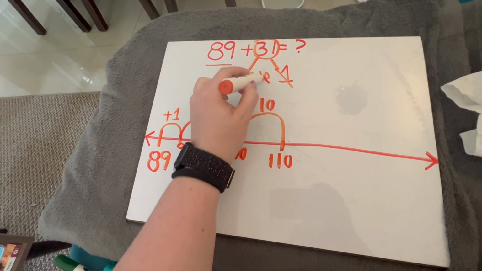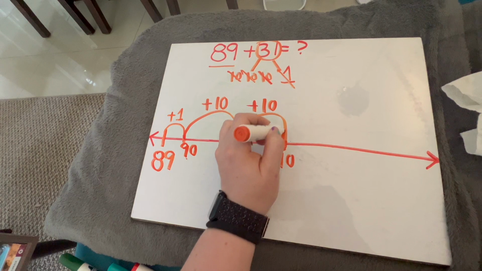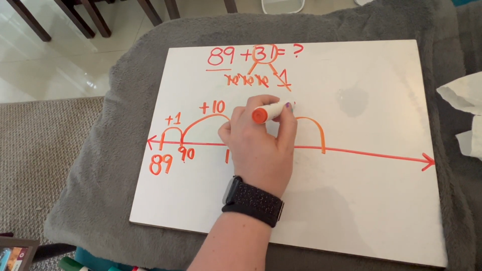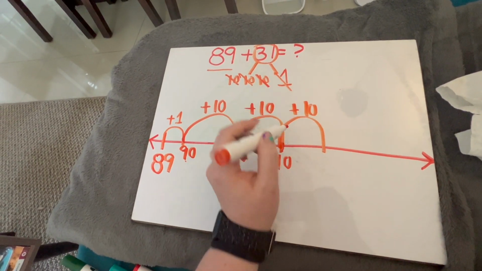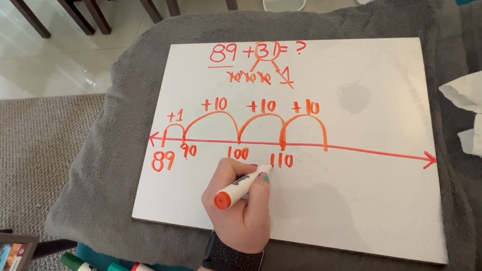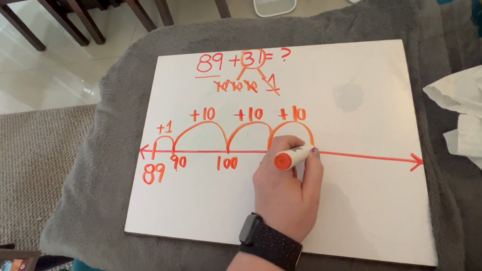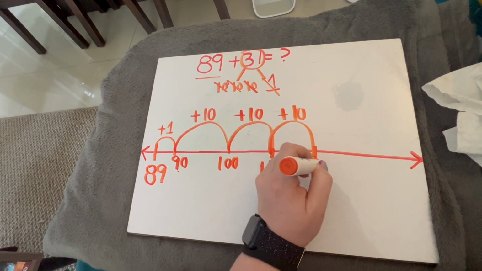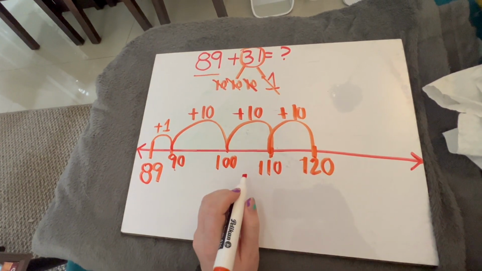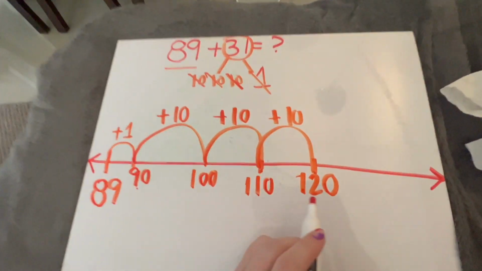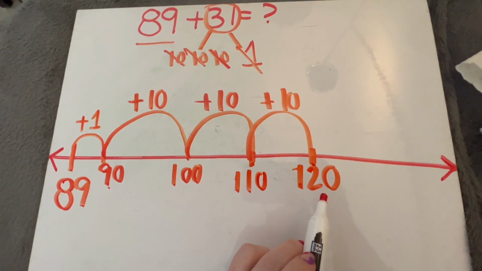And we got one more left. Let's do our last jump. Plus 10. We have 110 plus 10. That makes 120. Now, do you remember what we do with our final answer?